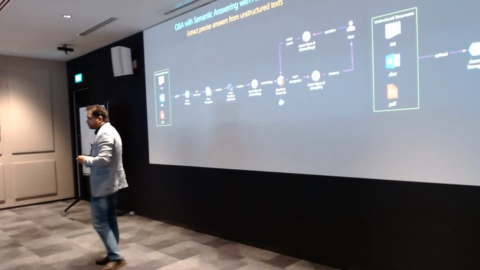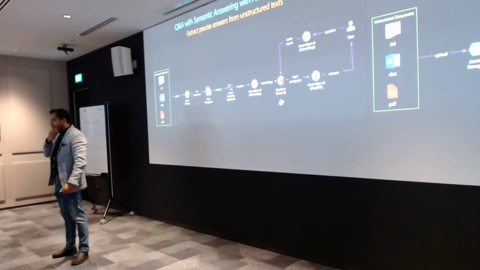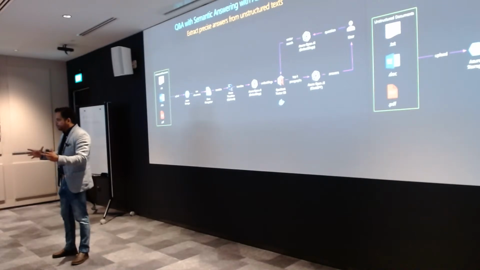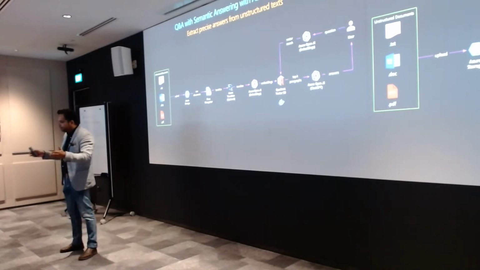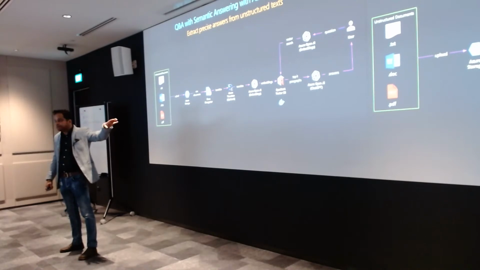Question: will that pull the query only from one chunk, or is there a way to associate multiple? Essentially, it will pull from that vector, but not one chunk, one document. Why you want to chunk it is because of the limitations of tokens.